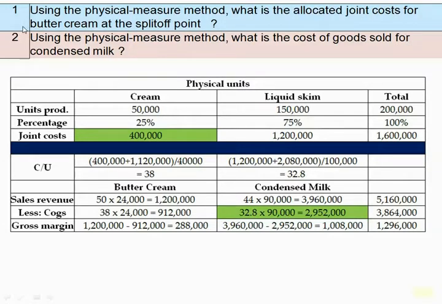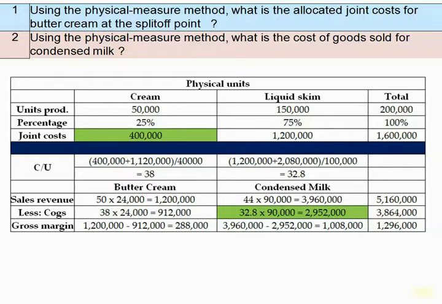First requirement, using the physical measure method, what is the allocated joint costs for buttercream at split off point? So we use the physical units. We make the allocation of joint cost at the point of split off.